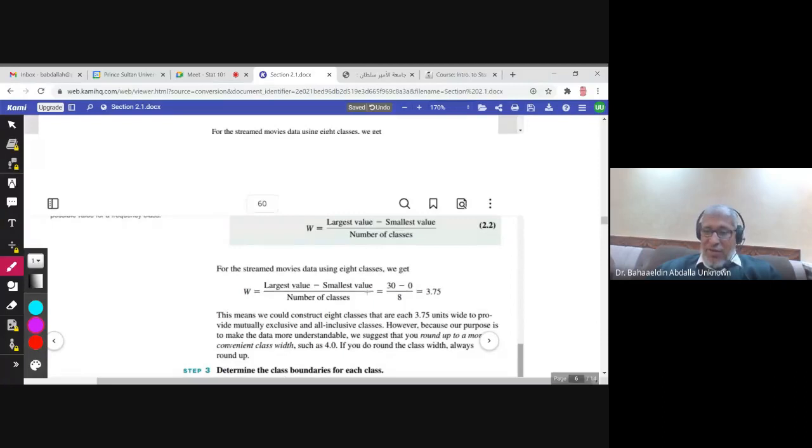Here the largest value is 30 and the smallest is 0. If you divide, you get 3.75. Now 3.75 is the minimum class width, but you need to round it up. You round it up to the same decimal as the data. The data here are integers 0, 1, 2, up to 30. You round it up to 4. So the width here will be 4.